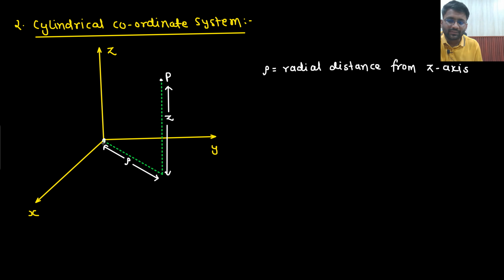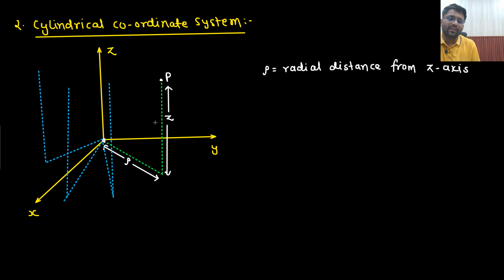For rho you could have come in this manner as well, no? You came for rho distance in this manner and then you went for z distance. You would reach here, or someone would have come here, then he would reach here. Right? So what he needs to say?